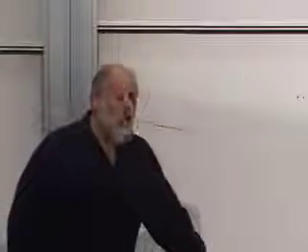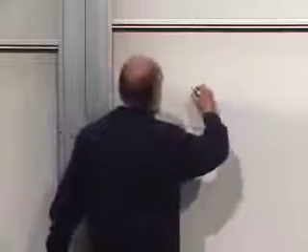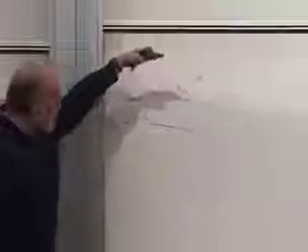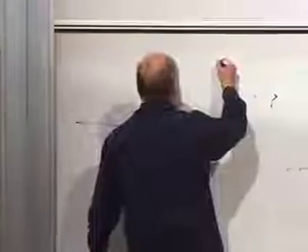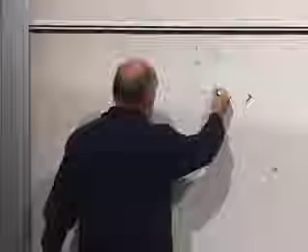But this vector has 0 for its theta component. The radial component of a vector means the component along the radial axis. The theta component means a component along the tangential direction. So I have a vector where the theta component, v theta, is identically equal to 0, but the radial component is equal to 1.